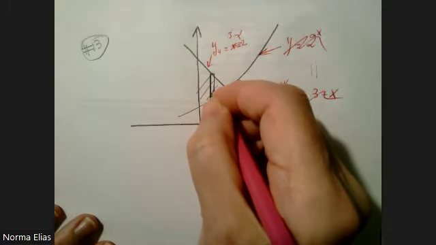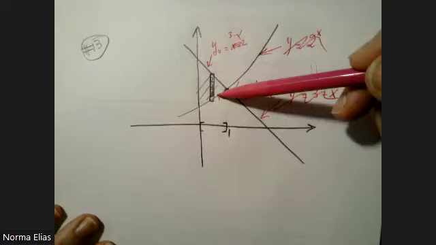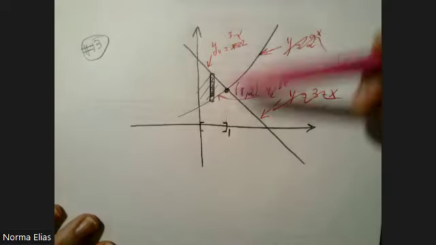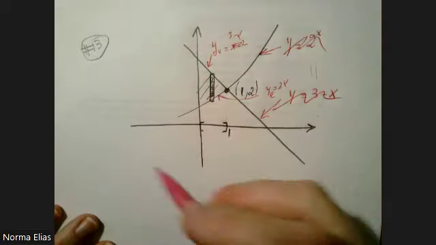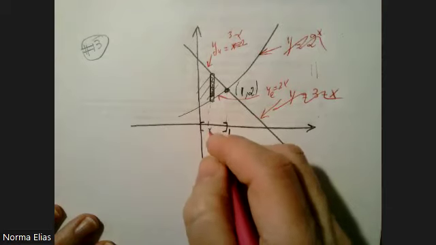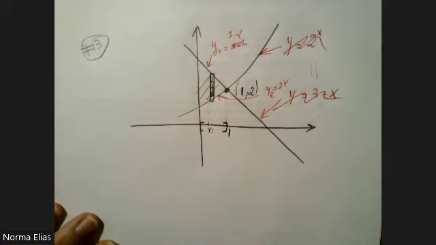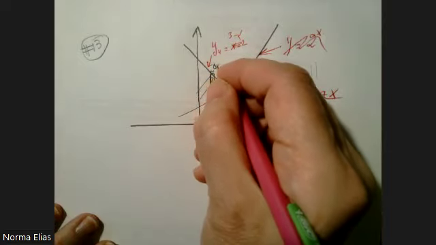Here the upper is always the same and the lower is always the same, so I don't have any issue with upper and lower. I call this xi. That's my typical rectangle, and this little bit here is my delta x.